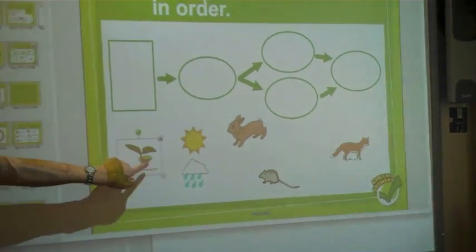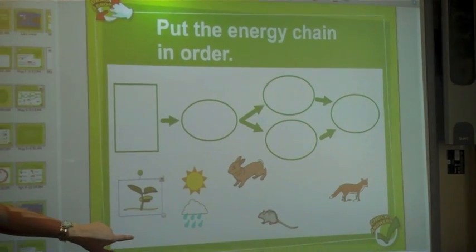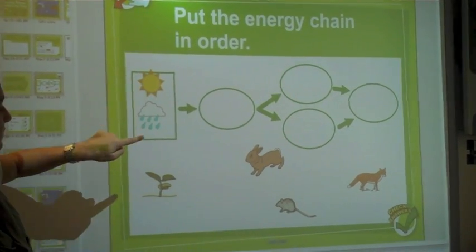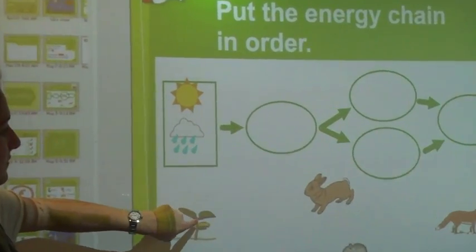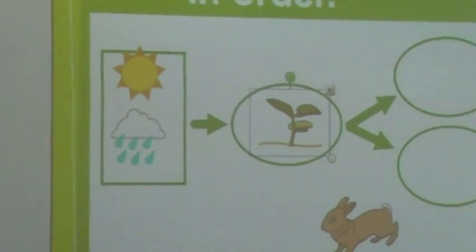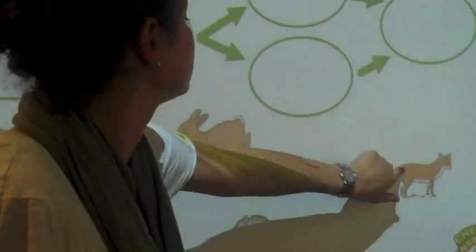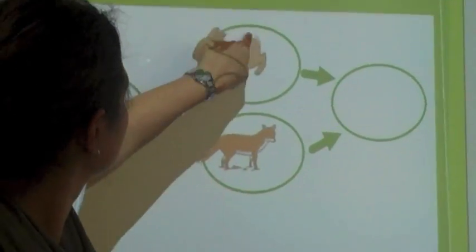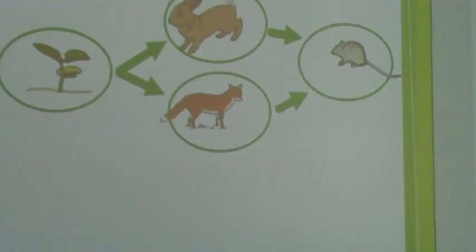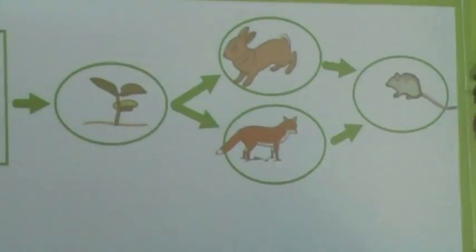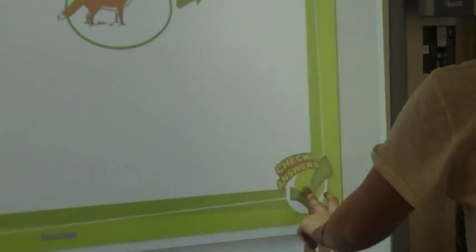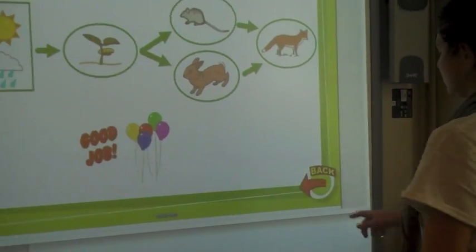Now up here is put the energy chain in order. So let's try this out. We'll say the sun and the rain first, then the plant, then the fox, then the bunny, then the rat. I'm not sure if this is totally correct. Let's take a look. Again, a little difficulty with technology.